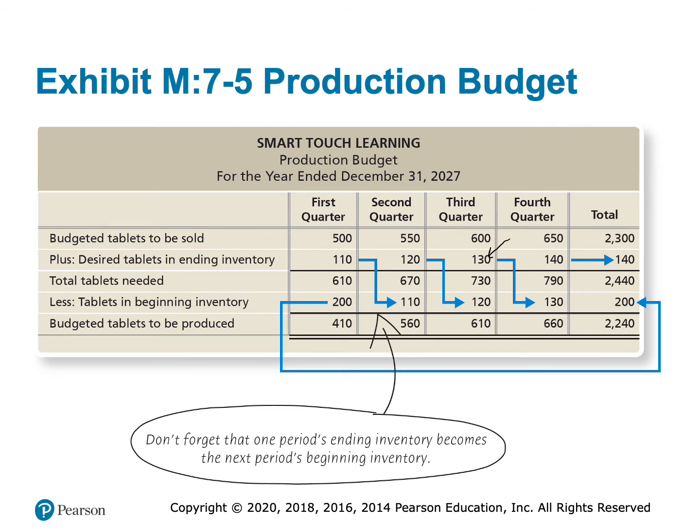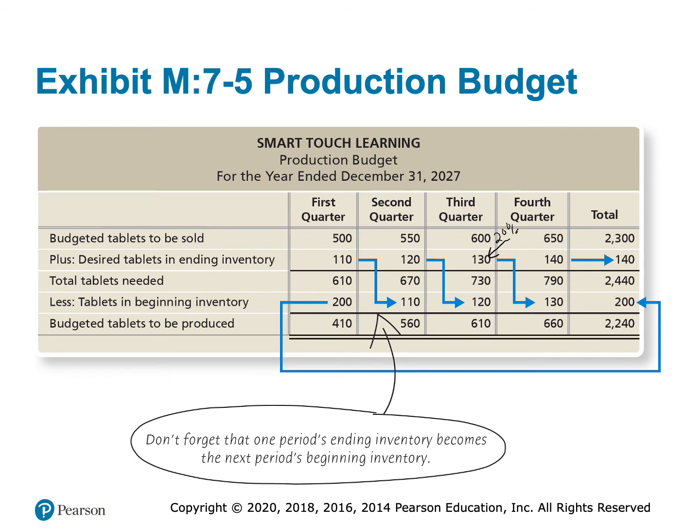So 20% of 650 is 130. Plus the 600 we expected to sell, so in total we needed 730, but we didn't have to make 120 of those, they were already made, so in quarter three we needed to make 610 units.